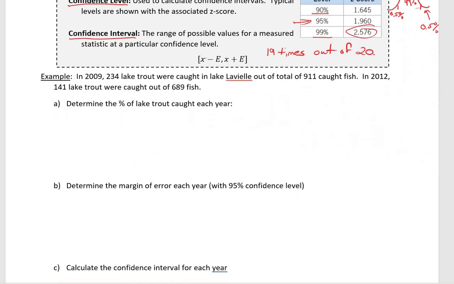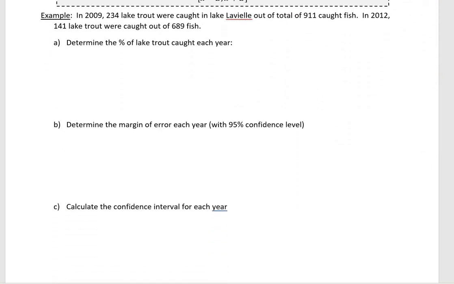Let's use this in a couple examples. So we have a study done in 2009 studying fish in Lavalle Lake. In 2009, they caught 911 fish, 234 were trout. In the year 2012, they repeated the study.